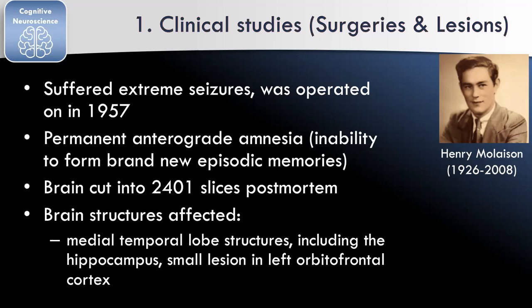So HM, we now know his name was Henry Molaison, suffered extreme seizures from roughly around the time he was 10 until he was operated on in his, I guess, age 31.